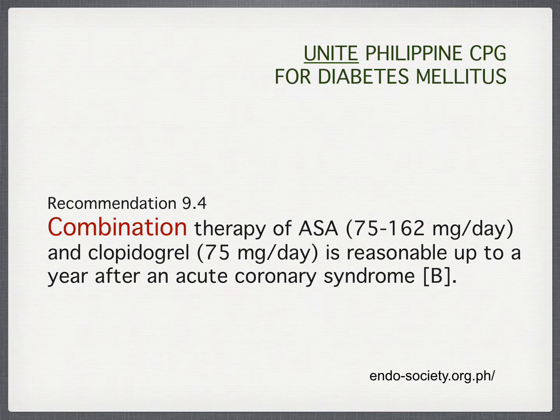Previously, they were very aggressive in giving aspirin to any person with diabetes more than 40. And then when they looked at the evidence again, what they found out was that there are safety issues with the use of aspirin, and so they became more careful in the recommendation, giving it only when the benefits outweigh the risks.